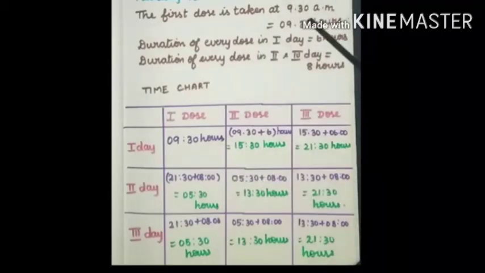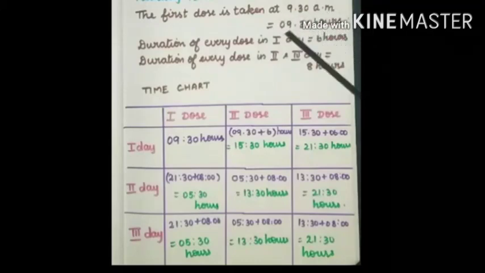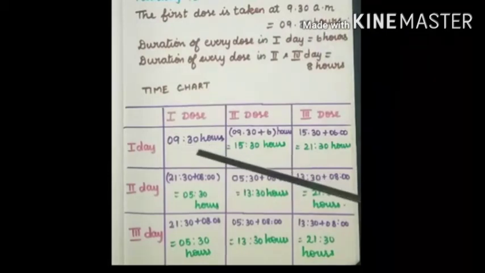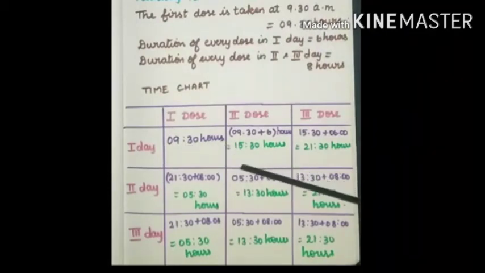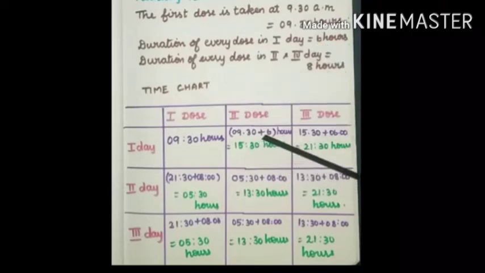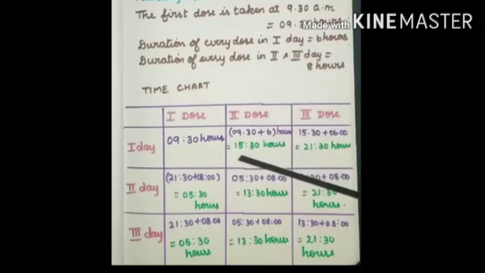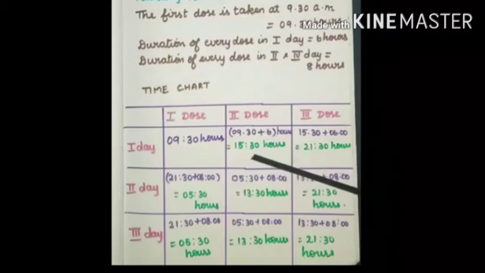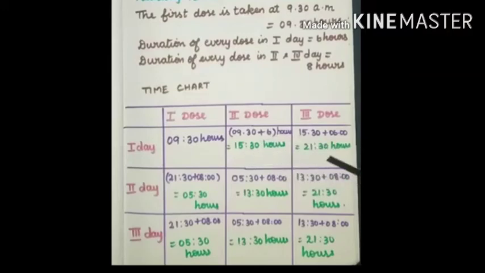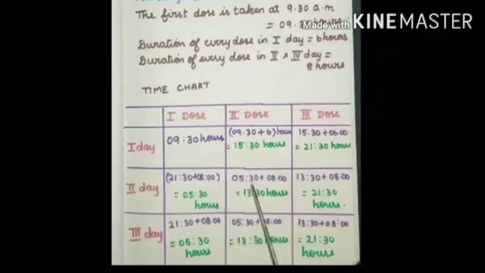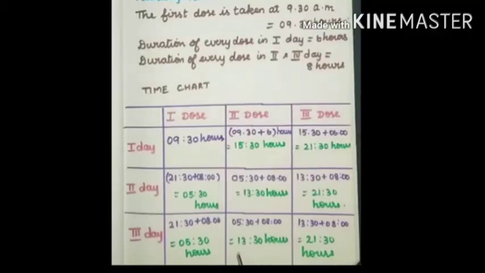The starting time is given: Vairavan takes the first dose at 9:30 hours. To find the second dose, you add 6 hours, and the second dose is 15:30 hours. To find the third dose, again add 6 hours. For the second and third day, the duration of every dose is 8 hours, so you add 8 hours.